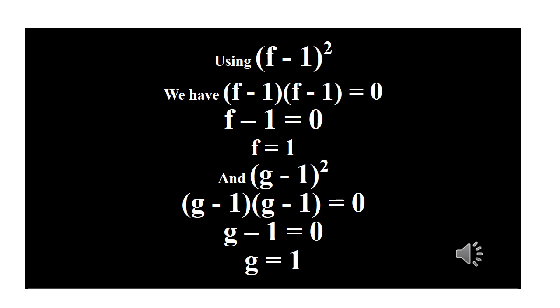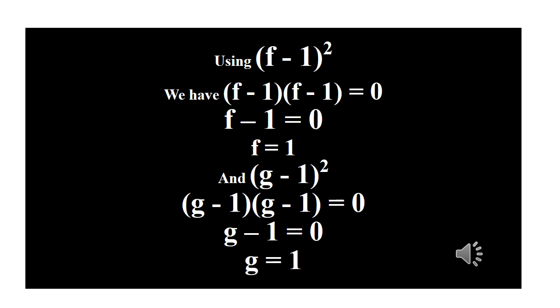So if you use f minus 1 squared now, then if we expand it, we have f minus 1 into bracket multiplied by another f minus 1 into bracket, and we equate it to 0. Then we take the first f minus 1 equals 0. Then we add 1 to both sides, then we have f equals 1, or take minus 1 to the other side, then f equals 1.